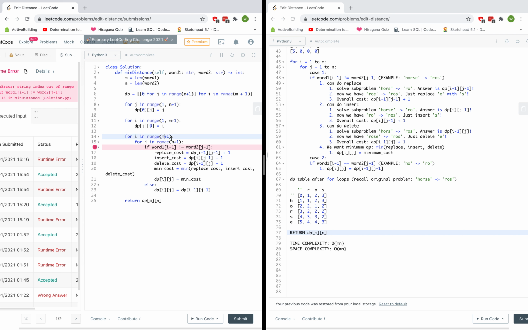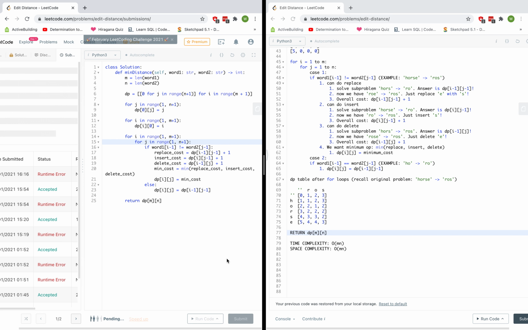I see. So we actually want to include the beginning indices here, right? Because if we start at 0, 0 minus 1 would not be great. That would be negative 1. Anyway, if we include the starting indices here, it should work.